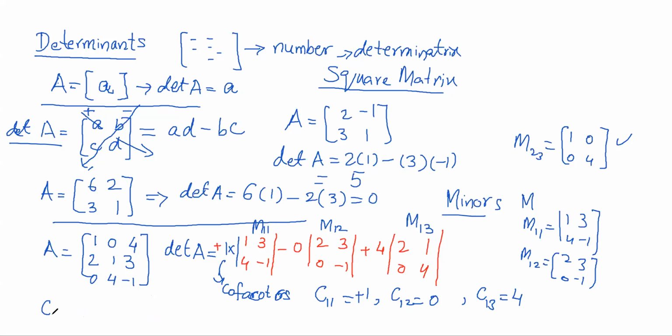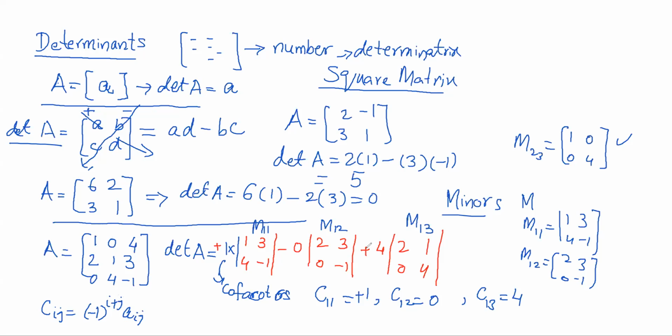The formula for Cij is -1 power I plus j, times aij, okay? So aij are these terms. For example, if we want the cofactor of 1, it will be -1 power I plus j. So for a11, it will be -1 power 2, that is +1.